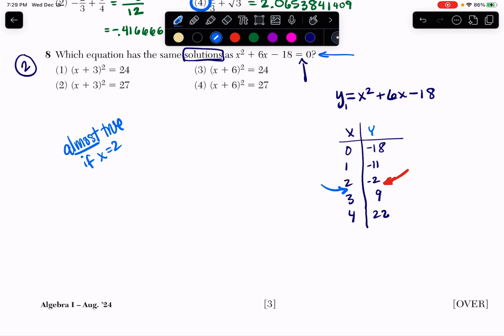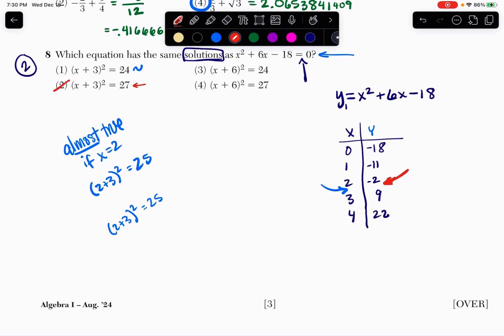So in answer choice 1, if I do 2 plus 3 squared, I get 25. That's close to 24. If I do 2 plus 3 squared, I still get 25 in answer choice 2. It seems like it's closer to answer choice 1.